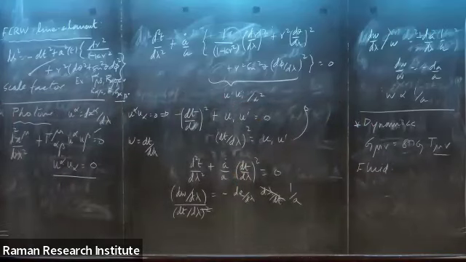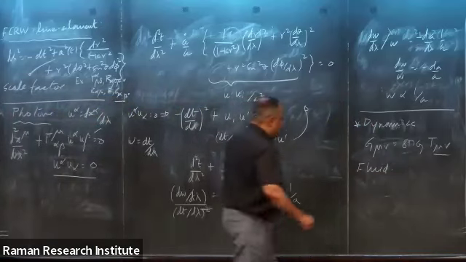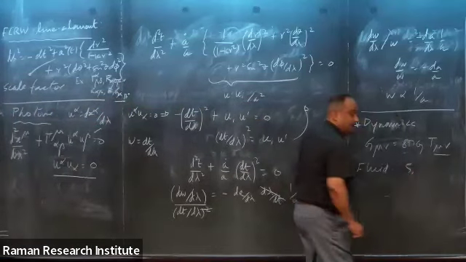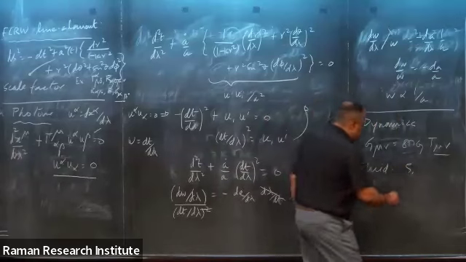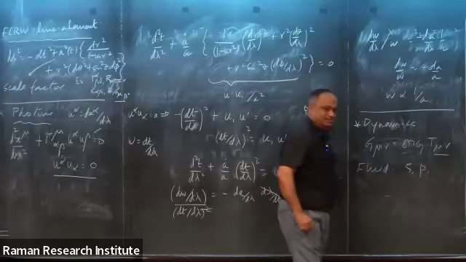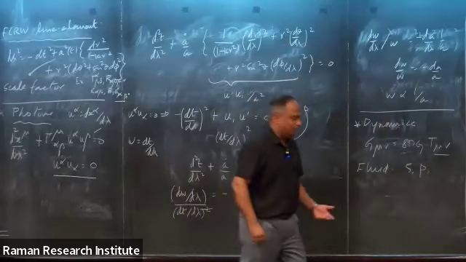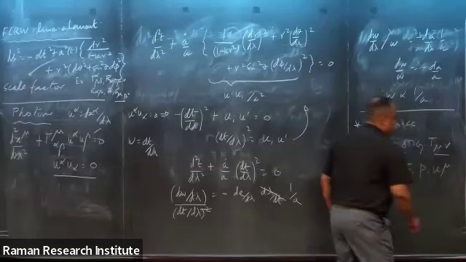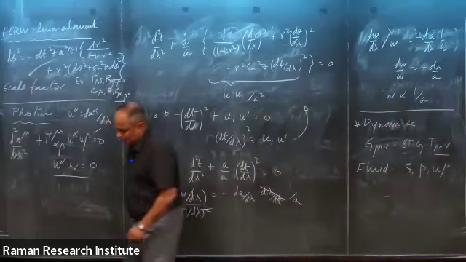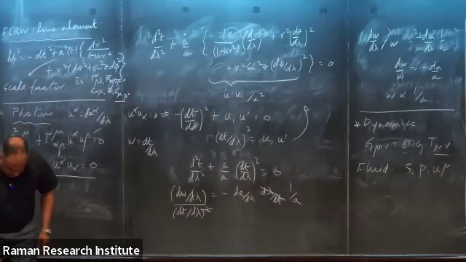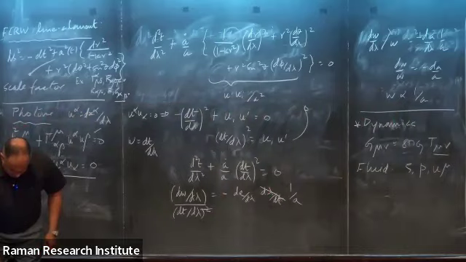There will be density, and then there will be pressure. And that's it. Velocity, I can combine them to write a 4 velocity u mu. And the stress energy tensor of an ideal fluid is given by the following expression.